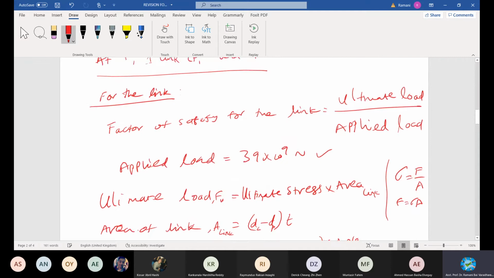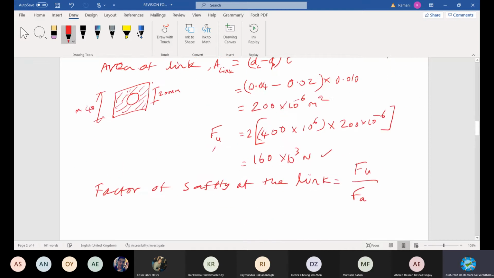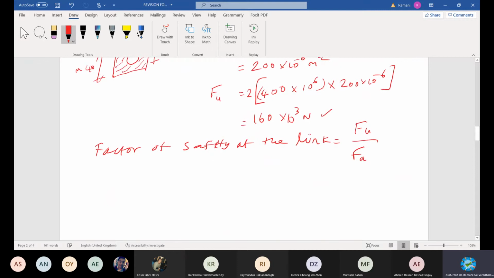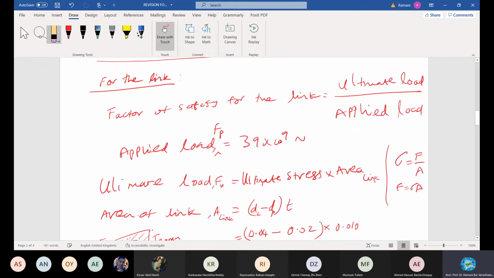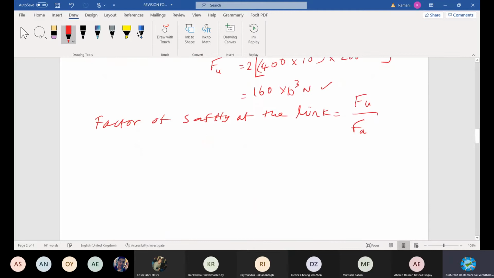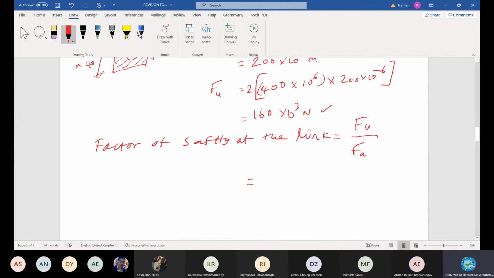I treat this as FP, applied load, or FA, for convenient way. Allowable or applied. Shall we do it now?